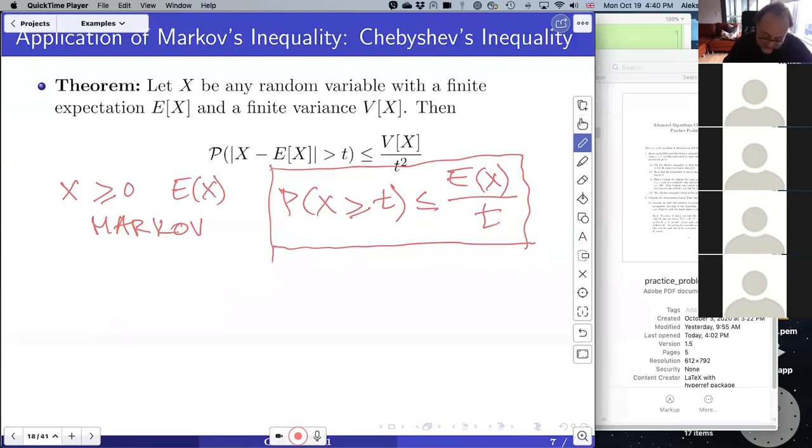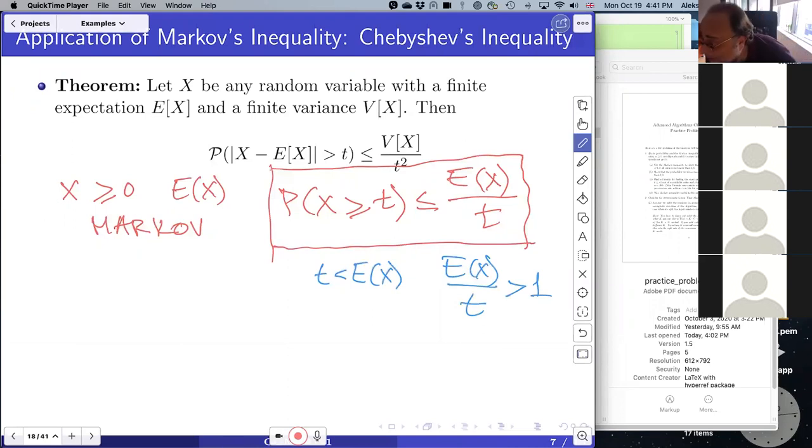If T is smaller than E of x, then E of x over T is bigger than 1, right? Exactly. So then we would get that the probability that x is bigger than t is smaller than something bigger than 1.